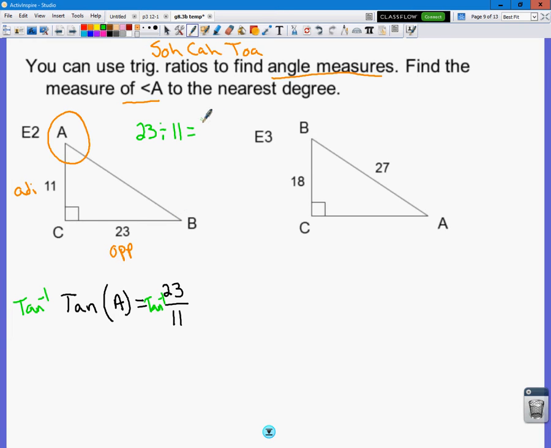Then you're going to hit the button that says second. It's the green button in the left-hand corner. And then you're going to hit tangent. So you're getting that tangent negative 1. And you're going to find out that A is equal to 64 degrees. Notice today we're rounding to the nearest what? Degree. Not to the nearest hundredth, but to the nearest whole unit.